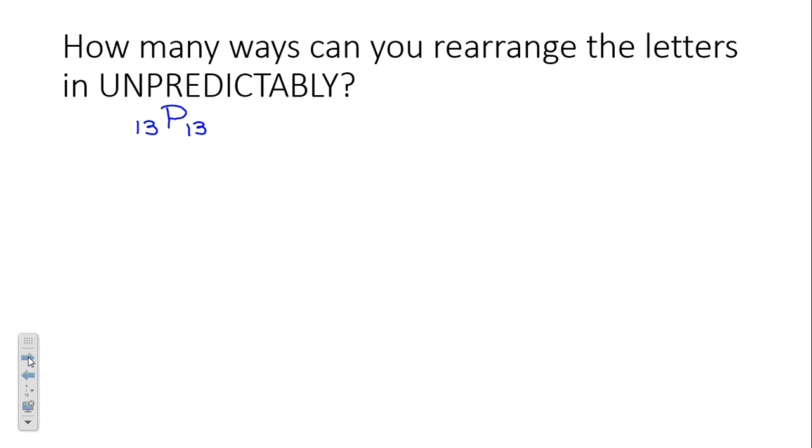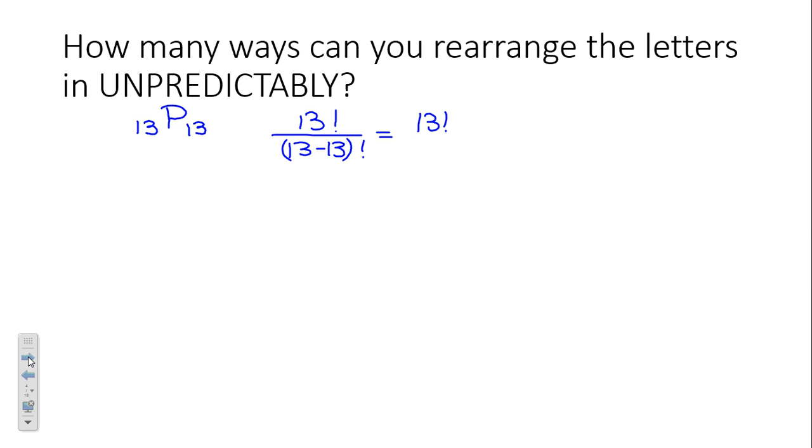If you wanted to use the word unpredictability as your password and you were going to scramble those letters, we're going to see how many different ways you could potentially scramble them. So what is the permutation of 13 taken 13 at a time? That's 13 factorial over 13 minus 13 factorial, which is just 13 factorial.